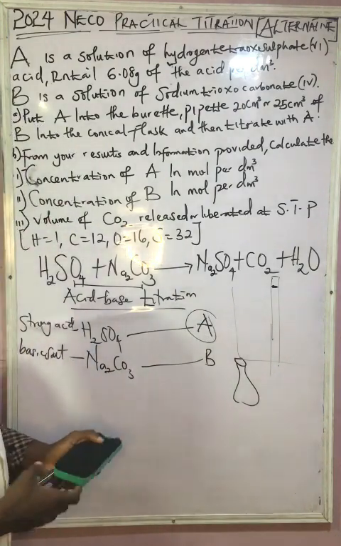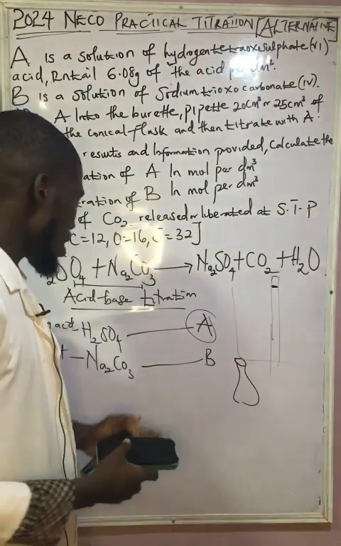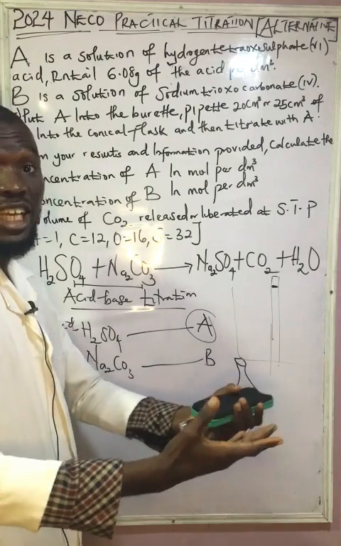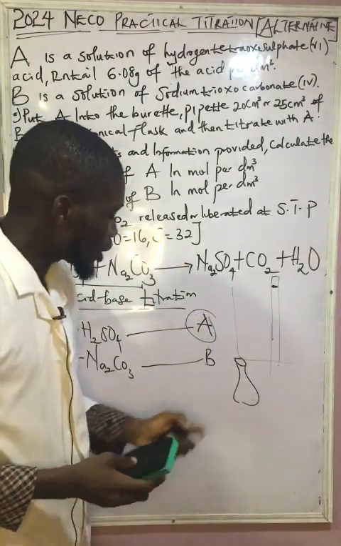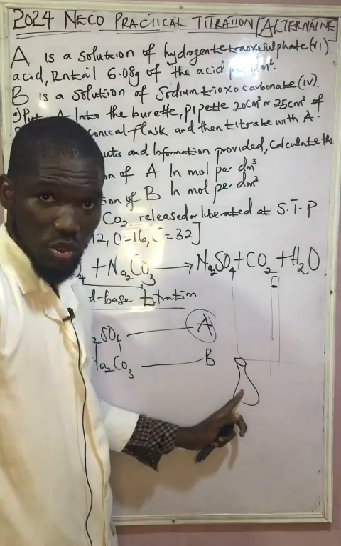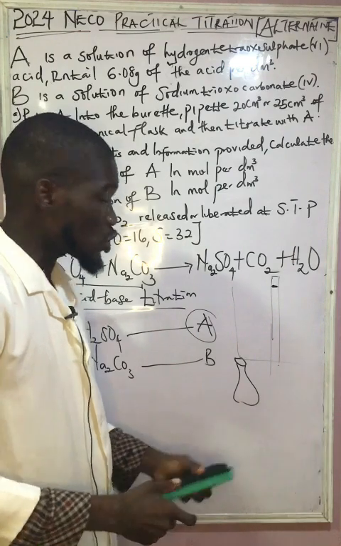So the moment you put your A into the burette, then you pipette this into the conical flask. Now an indicator is needed, which is the methyl orange. The moment you put either 1 or 2 drops of the methyl orange into this conical flask, it will change to what?